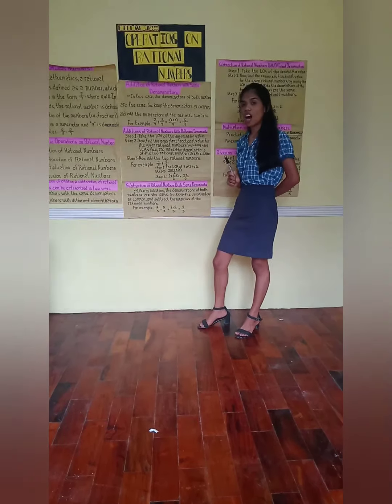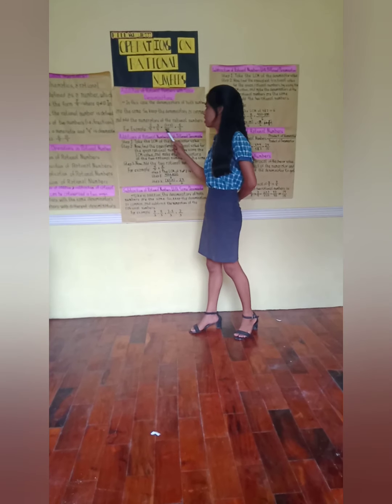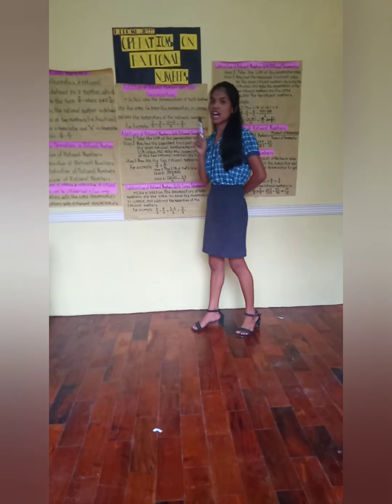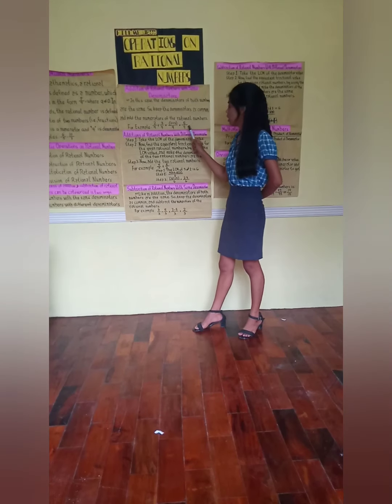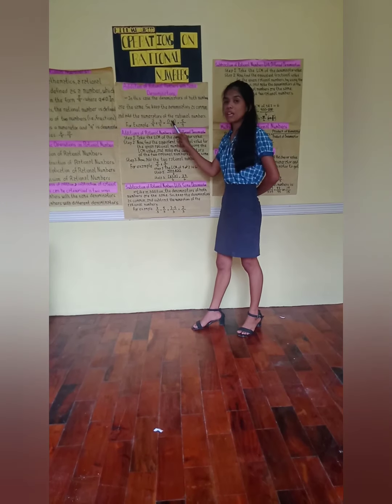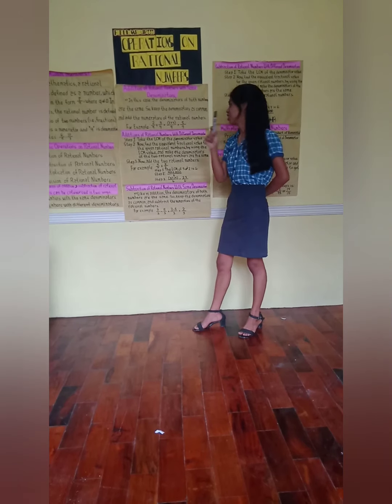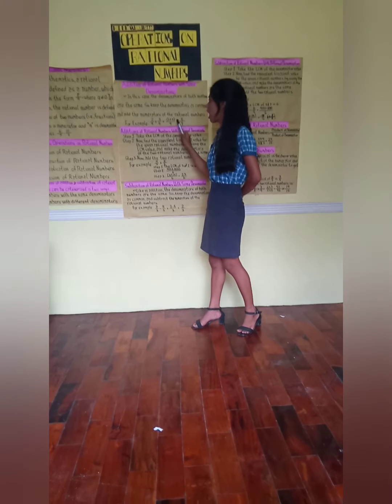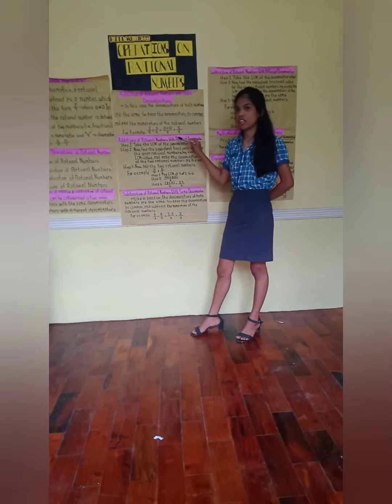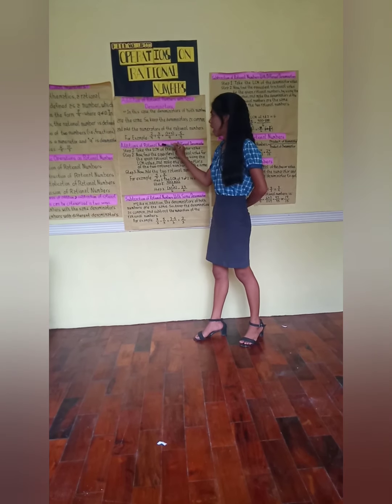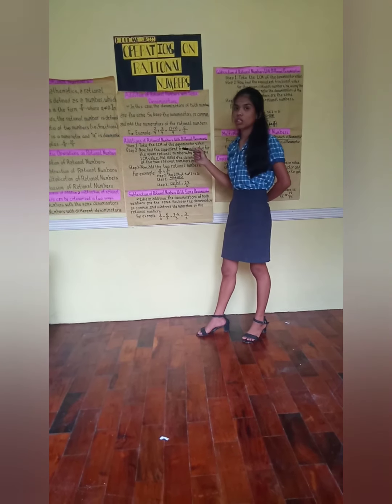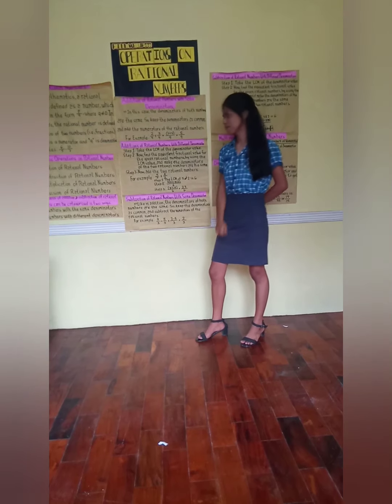So our numerators are 2 and 3. So let's add 2 and 3. So it is equal to 2 plus 3. Very good. 5 over our denominator, which is 9. So 2 over 9 plus 3 over 9 is equal to 5 over 9.